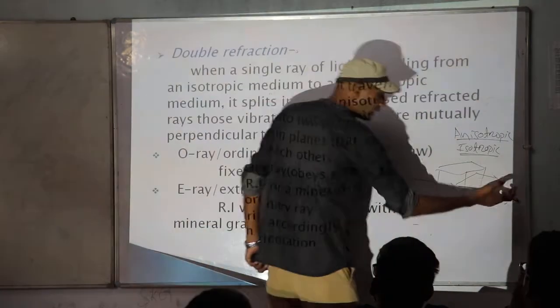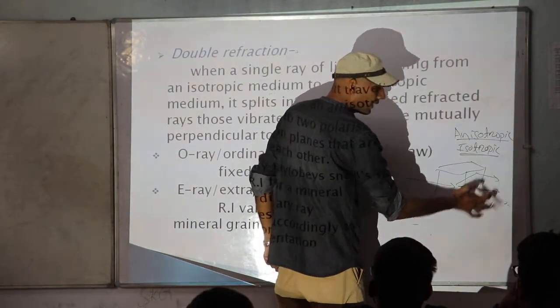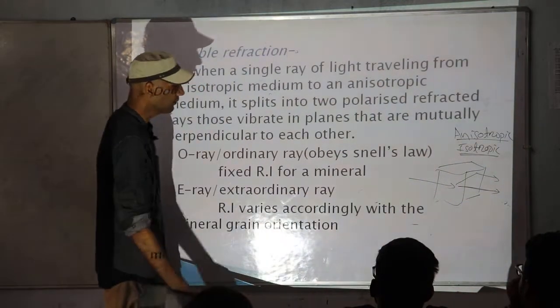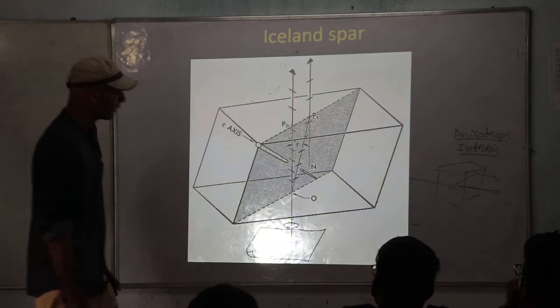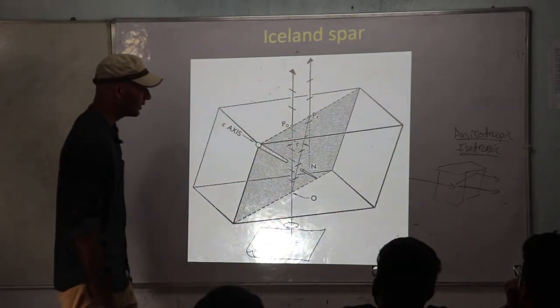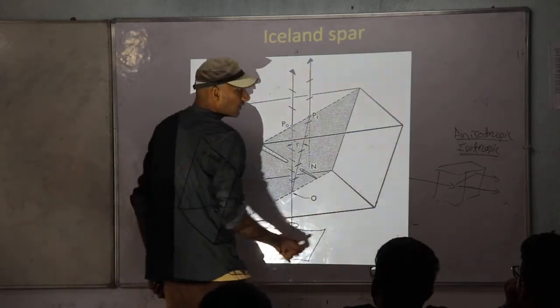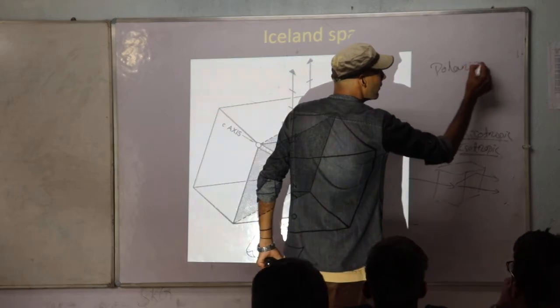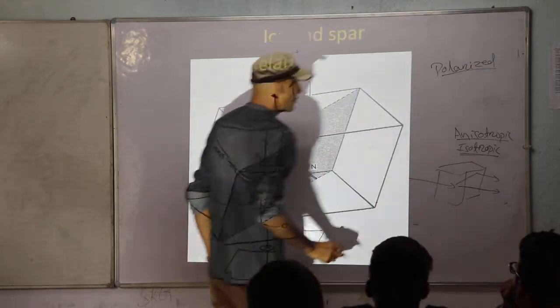After going away from the mineral, they are parallel in propagation. You can see here also, if this is the mineral, this light ray enters the mineral here, this is an unpolarized light ray, so here comes a term, polarized. So what is polarized? We are going to see that.